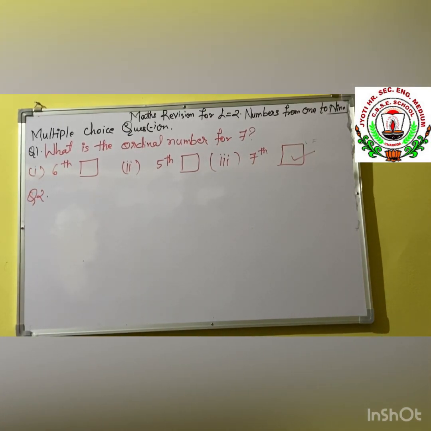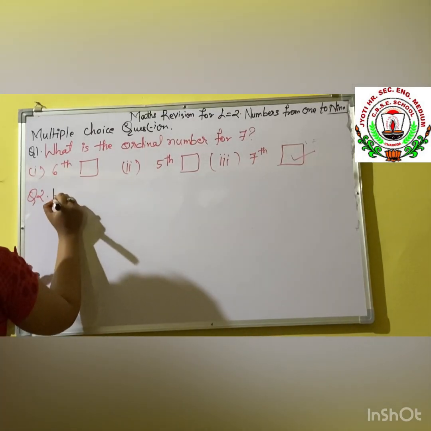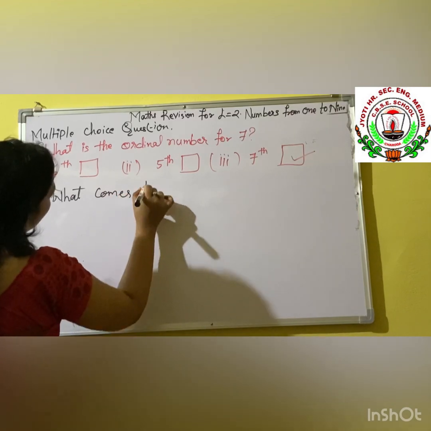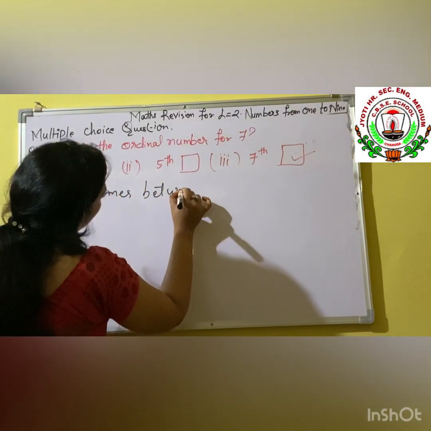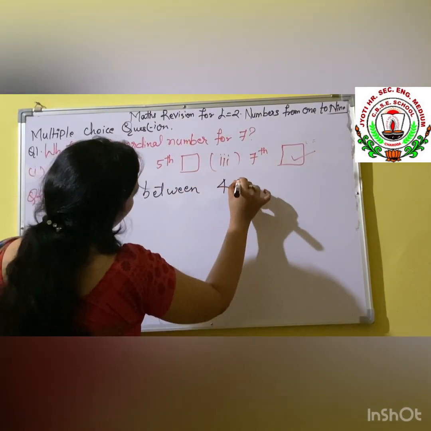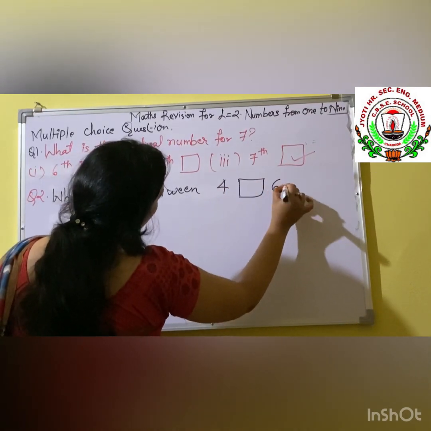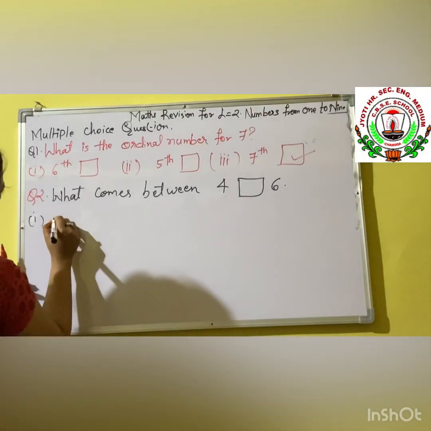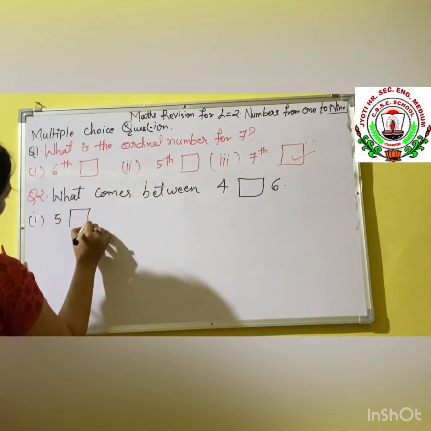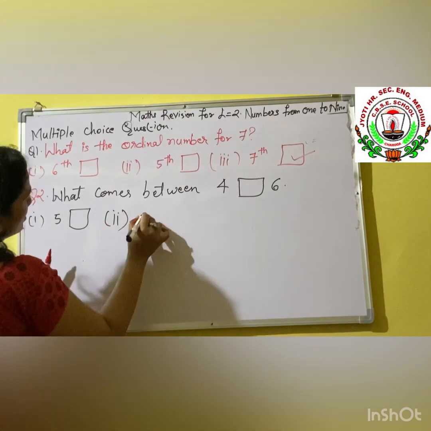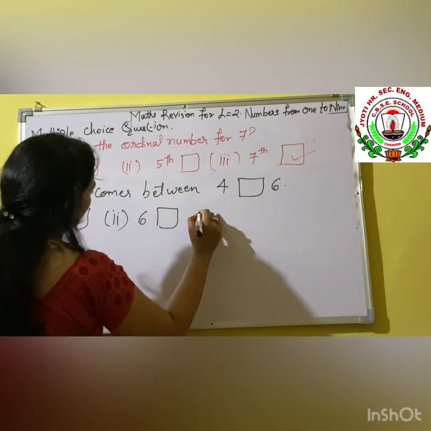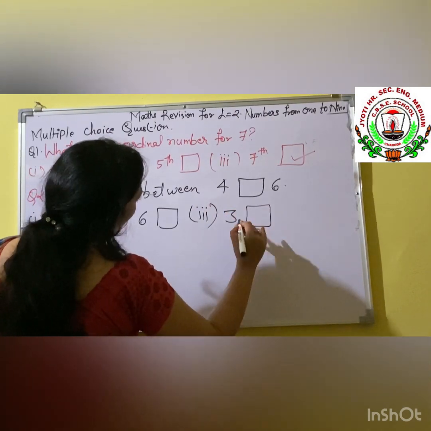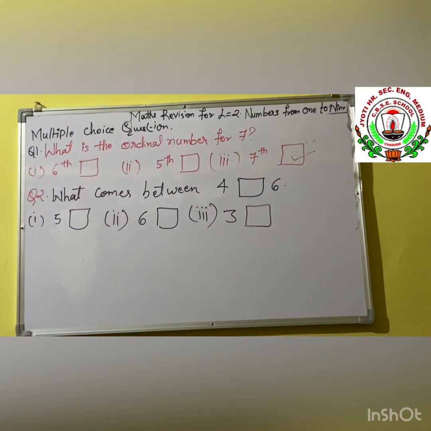Okay, now question number 2. What comes between 4 and 6? Here I am giving some options: 5, 6 and 3. So we have to take the correct answer.